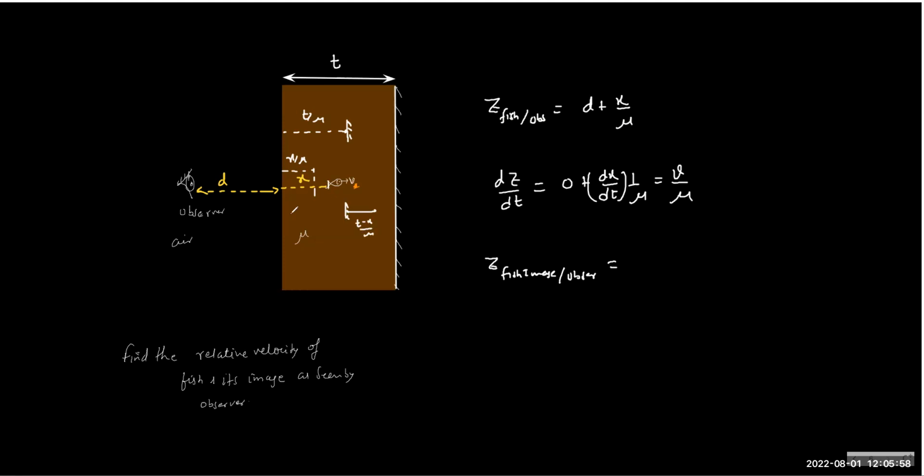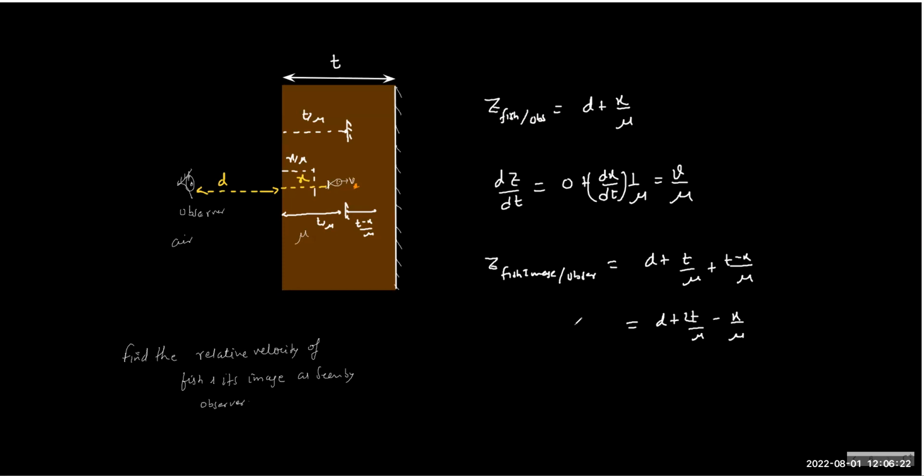Okay, and this is t by mu. So what is the net distance from the observer? D plus t by mu plus t minus x by mu. That's how you can write. Again, this is of no use because all are constant.